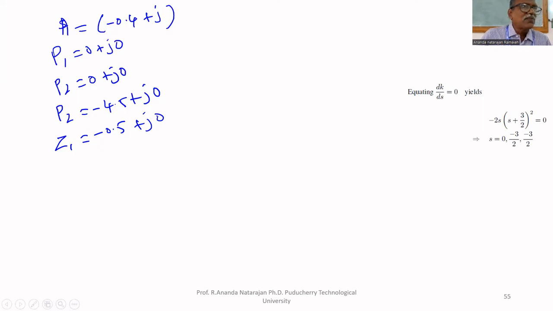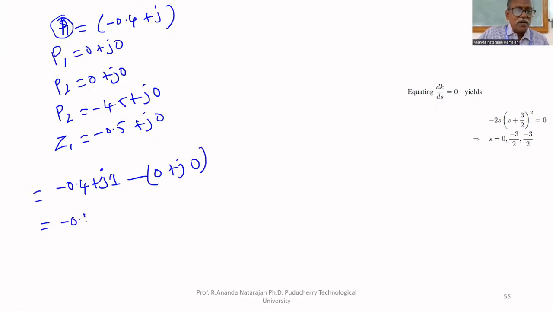How are you finding theta 1, theta 2, theta 3? To find the line joining A to all poles, from A you will subtract P1. Subtract minus 0.4 plus J minus 0 plus J0. If you subtract, you will get the same point, minus 0.4, comma, plus 1.